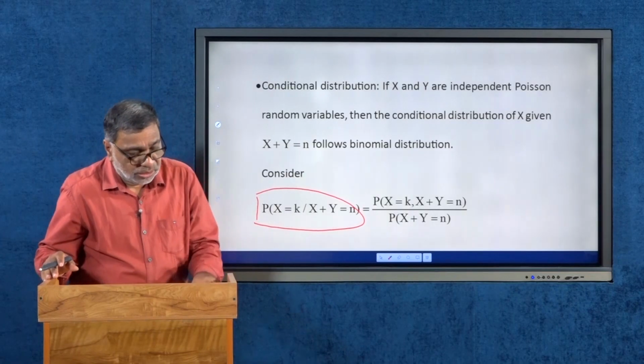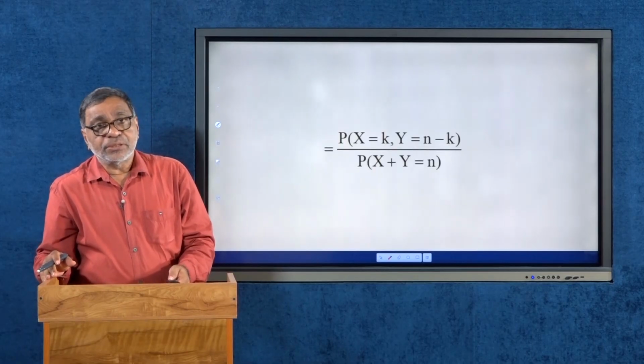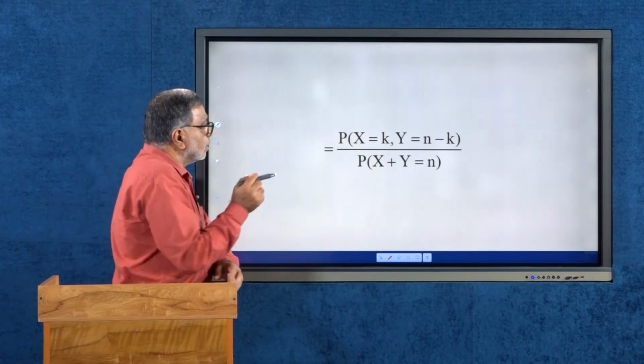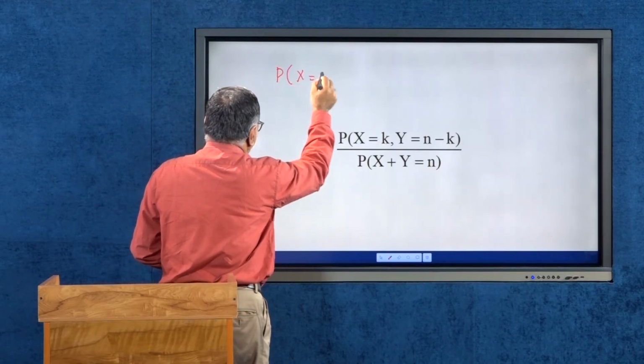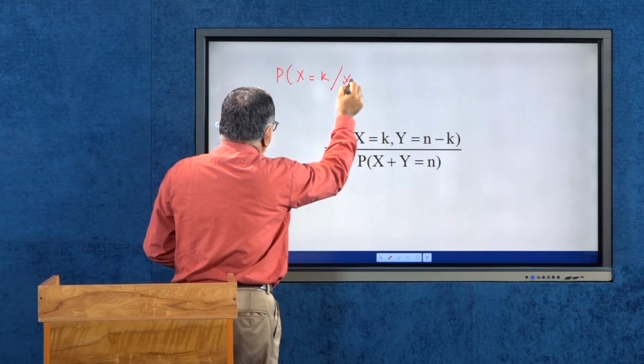And how do we establish this result? We start from the probability of x equal to k given x plus y equal to n.